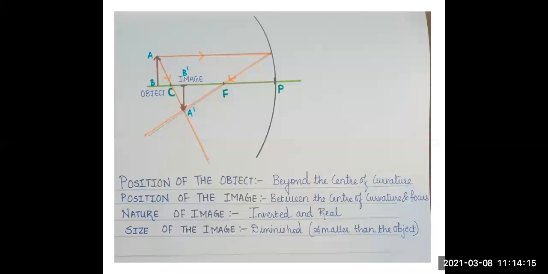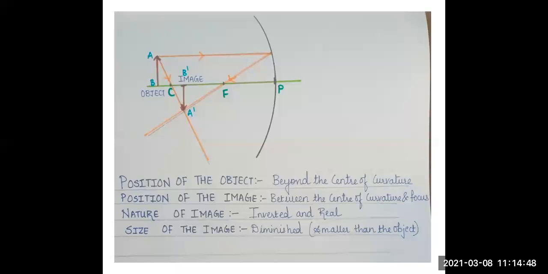Again, we are having incident rays and reflected rays. You can see that the first incident ray is parallel to the principal axis and the reflected ray is passing through the focus, principal focus. The incident ray is intersecting the reflected ray, and wherever the rays intersect, we get the point of intersection and we place the image on it.